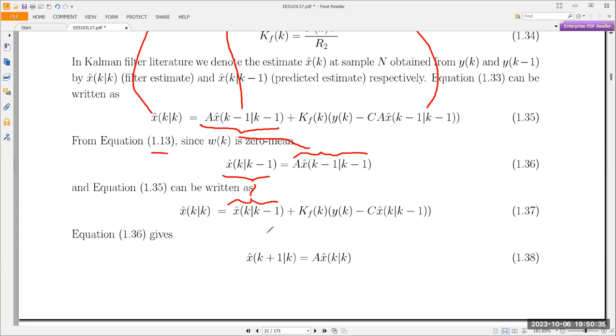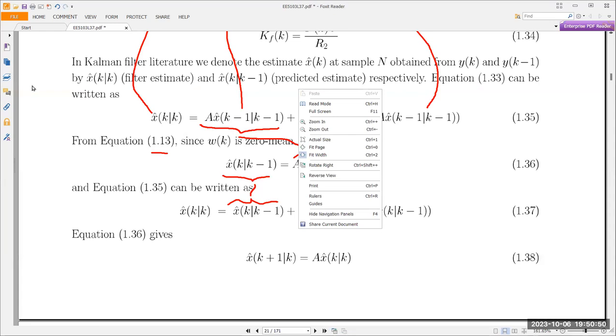It's just maths you can rewrite. And 36 is basically saying what?